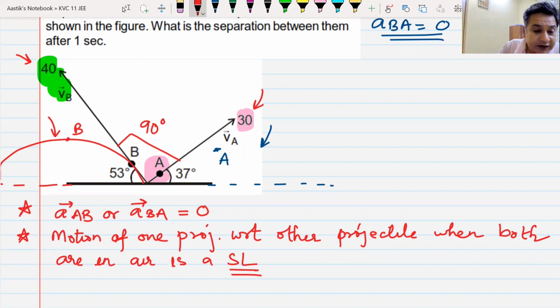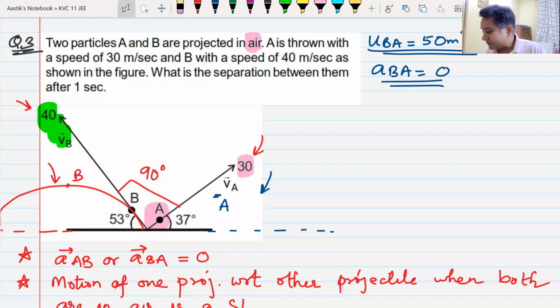So now, when I become A, B is moving in a straight line with an initial velocity of 50 meter per second. There is no acceleration.